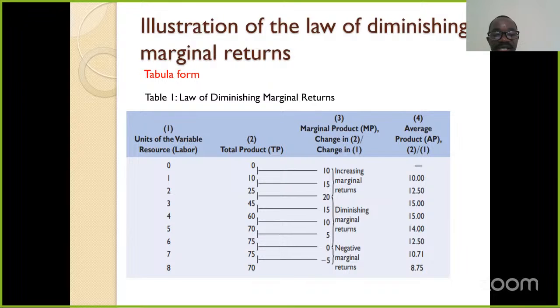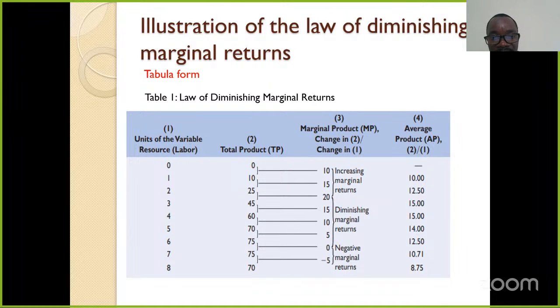That's the difference between 0 and 10. If we continue to add labor from 1 to 2, we are producing 25, and the difference there is 15, 25 minus 10.